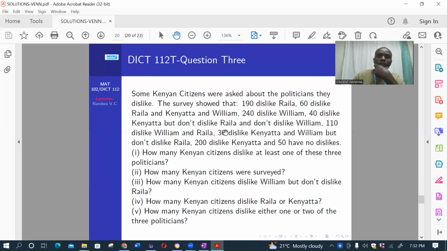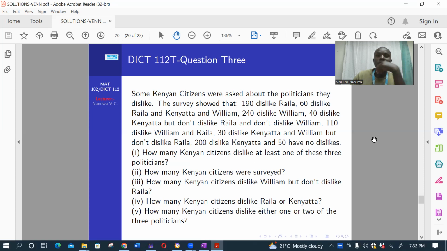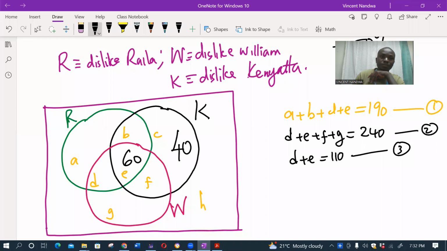So this 30 should be in K and W, but you shouldn't be counted to be in R. So K and W meet at E and F, but because we don't involve Raila, we are not going to count E. So this is the only part F. So where there's F is where we are going to put 30.